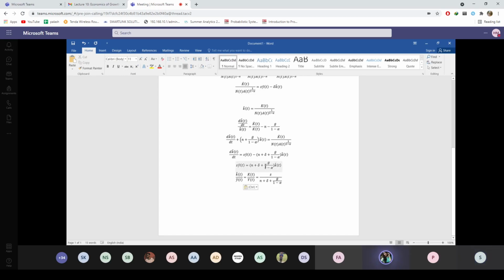Sir, it's the steady state condition. How can we write it as a function of t? You want to remove this t? Remove it. Yes, no problem.